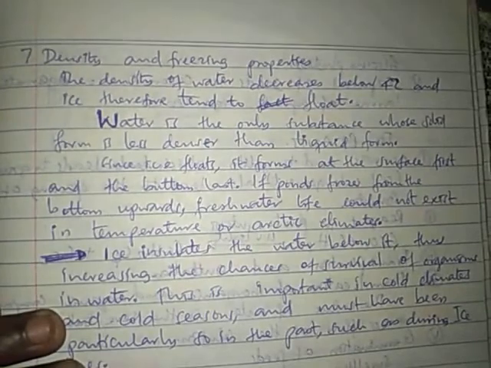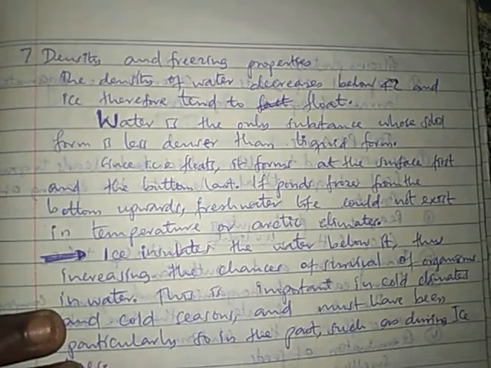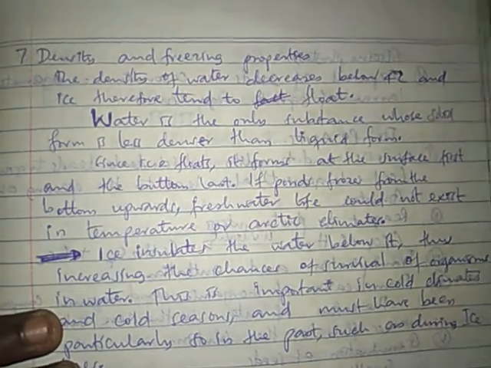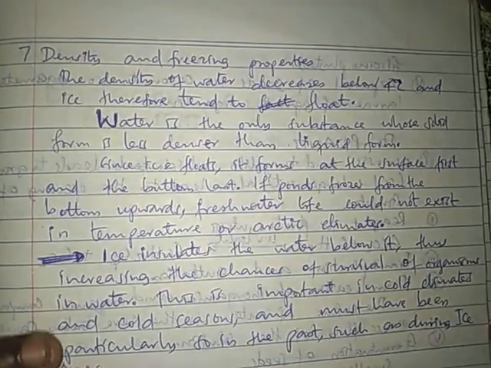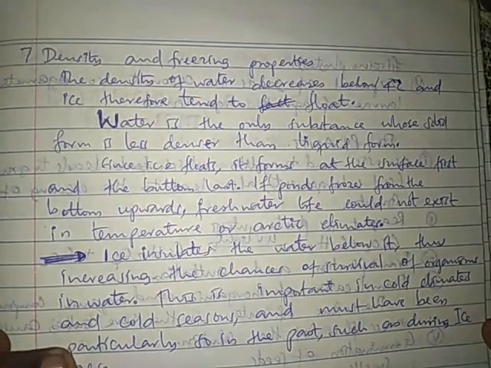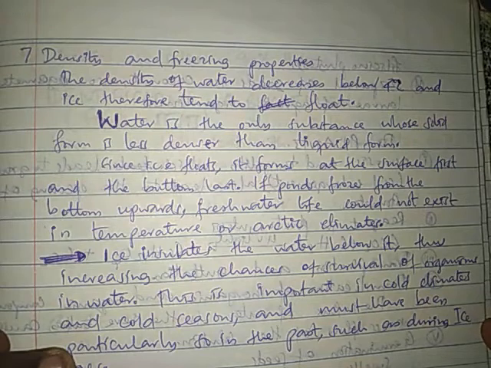On the 7th property, ya 7, density and freezing property. The density of water decreases below 4 degrees centigrade, and the ice therefore tends to float. This is abnormal expansion of water.